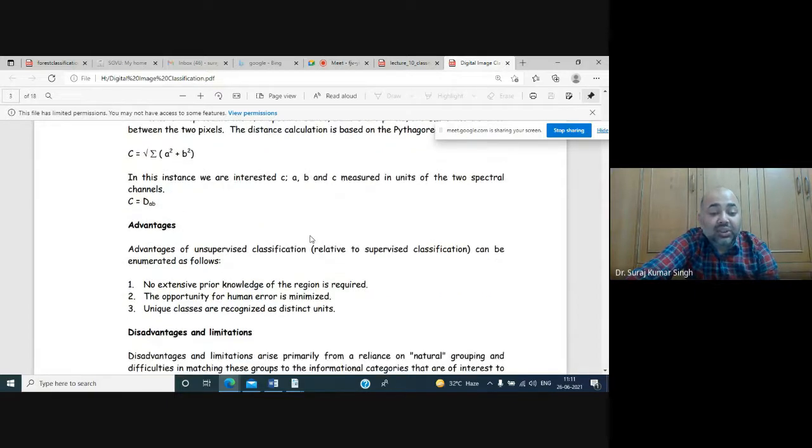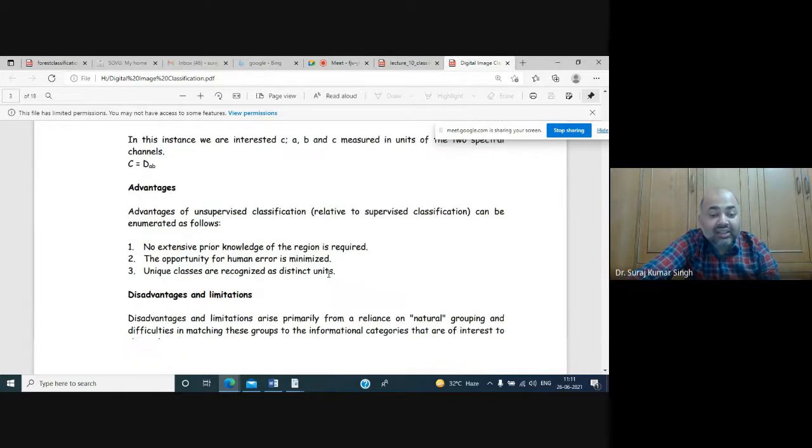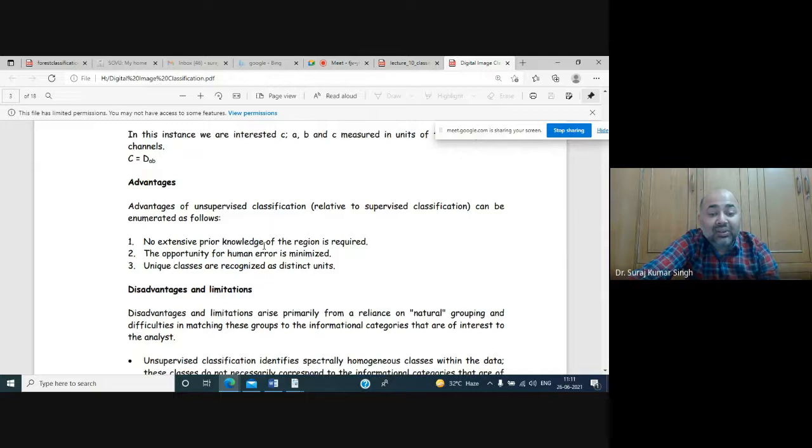So what is the advantage? The advantage of the unsupervised classification technique is that no extensive prior knowledge of the region is required. Like if you are from Rajasthan, and if I give a satellite image to you of a northeastern area, maybe of Assam, maybe of Manipur, maybe of Nagaland, prior knowledge is not required.